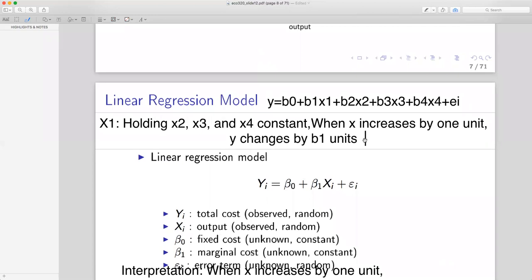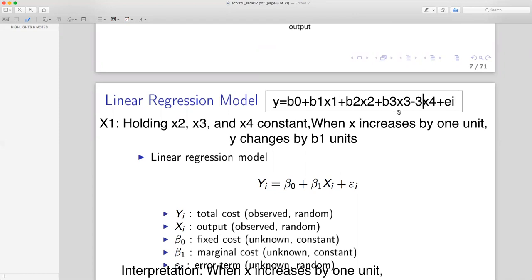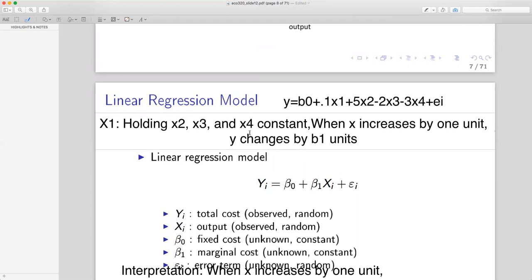For example, if the coefficients were -3, and this was something I just made up, -2, +5, and this was +0.1. That means, holding x2, x3, x4 constant, when x1 increases by 1 unit, the graduation rate increases by 0.1 percentage points.